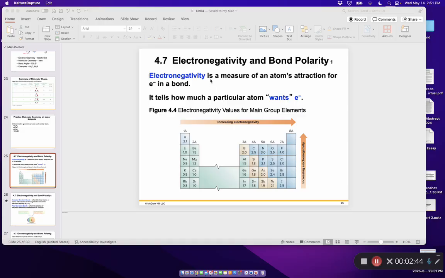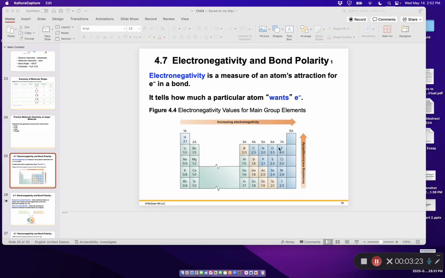Okay, generally electronegativity is taken as a guideline to indicate whether the electrons in the bond are equally shared or unequally shared. The electronegativity value is generally given in the range of 0 to 4. In the periodic table we are mostly concerned with the main group elements. The numbers given underneath each element are their electronegativity values. The higher the value, the more possessive the element is.